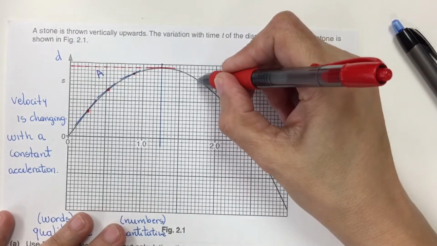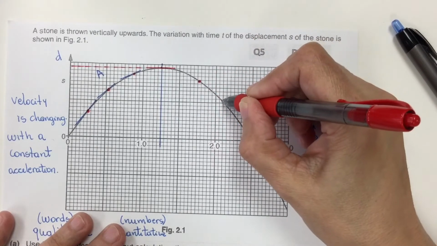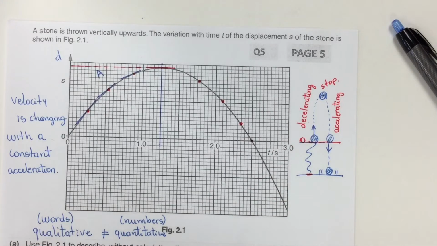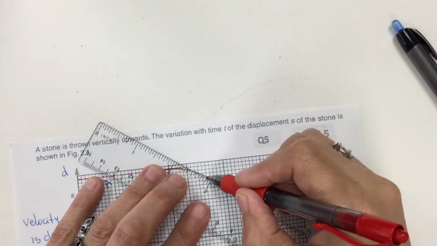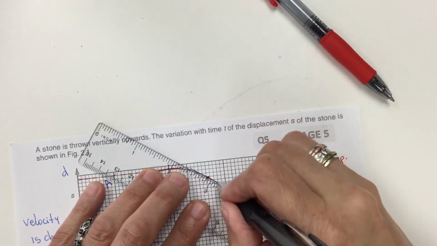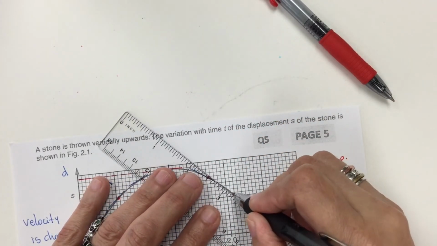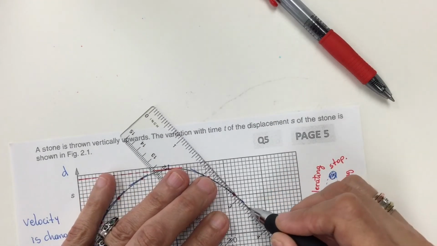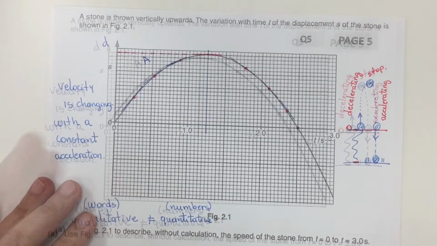Again, I'm going to select 3 points in this graph and draw a tangent line at each point.